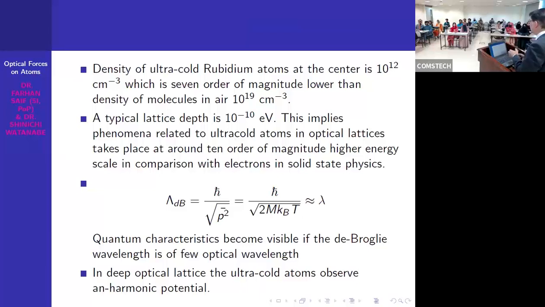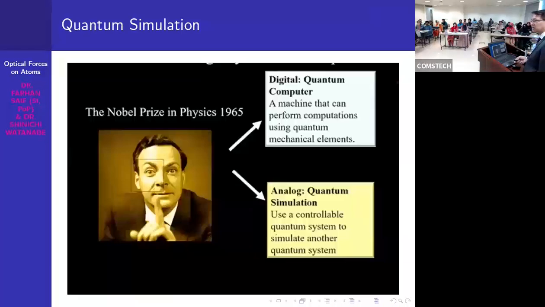If the potential presented to the atom is very deep, the atoms would be staying at the lowest level, seeing only a harmonic oscillator, because the potential is so deep. But if the potential is shallow, they will be appreciating the periodic nature of the optical field. So this is again a simple difference in the atomic behavior in different kinds of optical lattices.